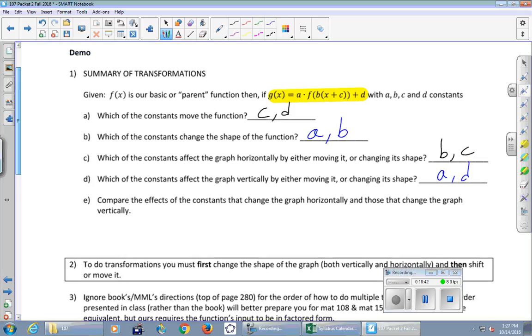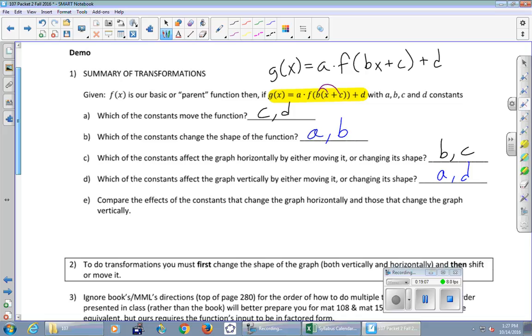In MyMathLab, I don't know if it'll be exactly the same letters, but you might see something like this: A times f of bx plus c, plus d. What's the difference? No parentheses on the inside. And really the only difference, it's a really subtle thing, is that if you distribute the b, which you're perfectly welcome to do, what do you get?